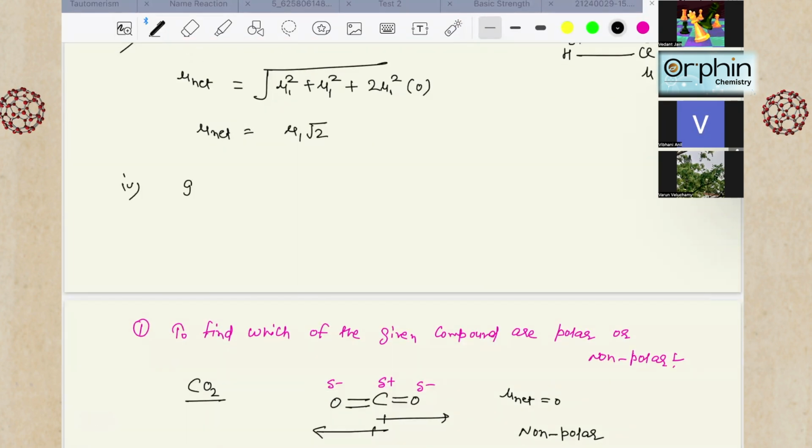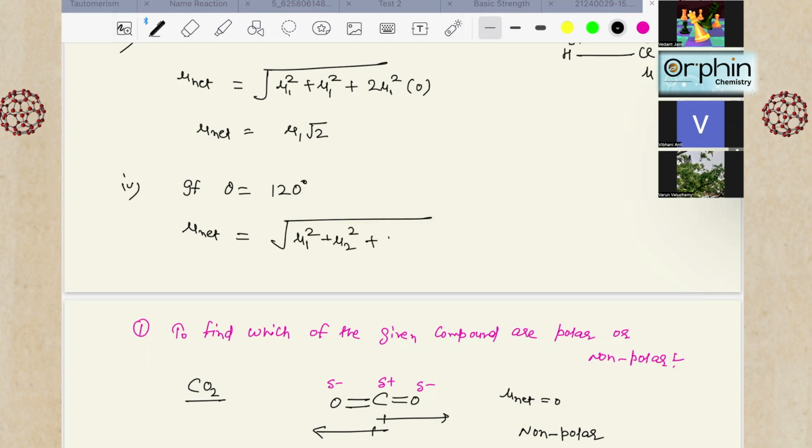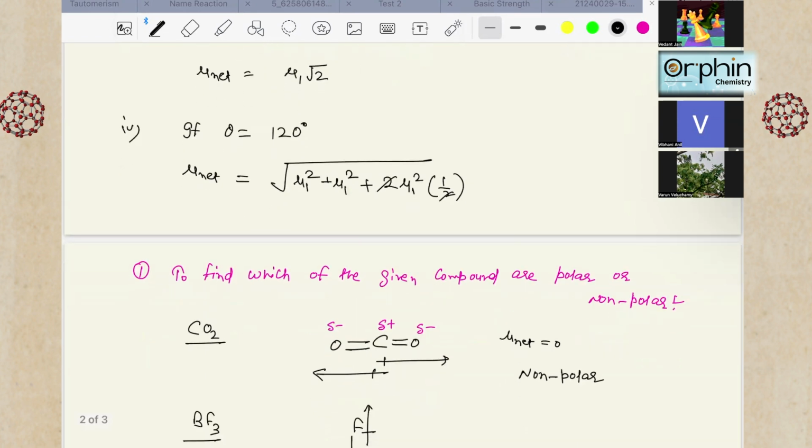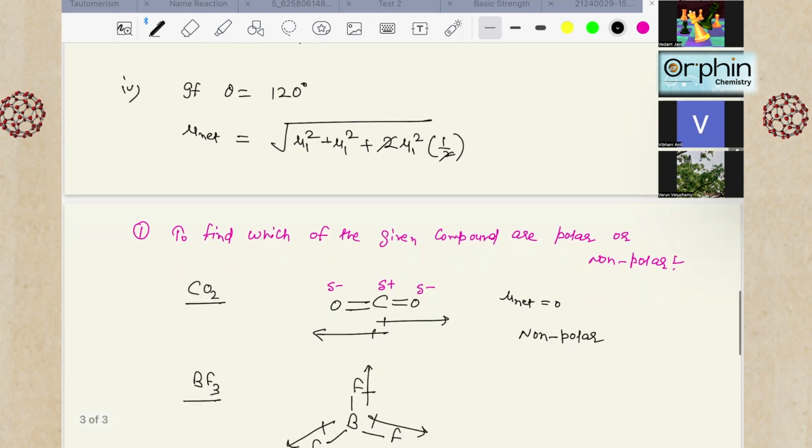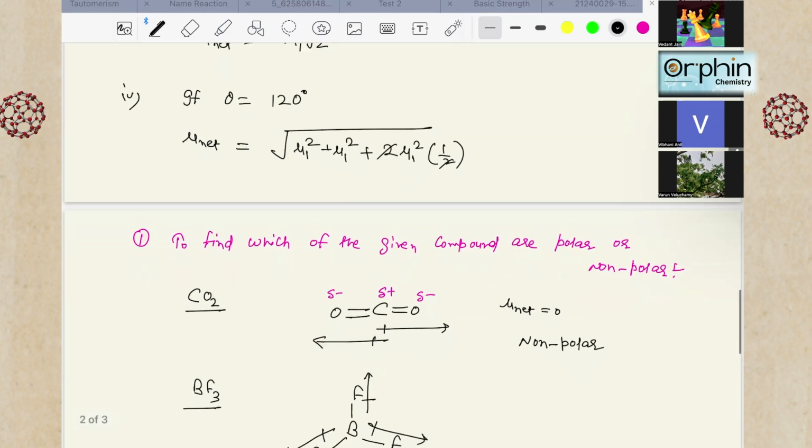If theta is 120 degrees, what is the value of cos 120? It is minus half. Yes, minus half.